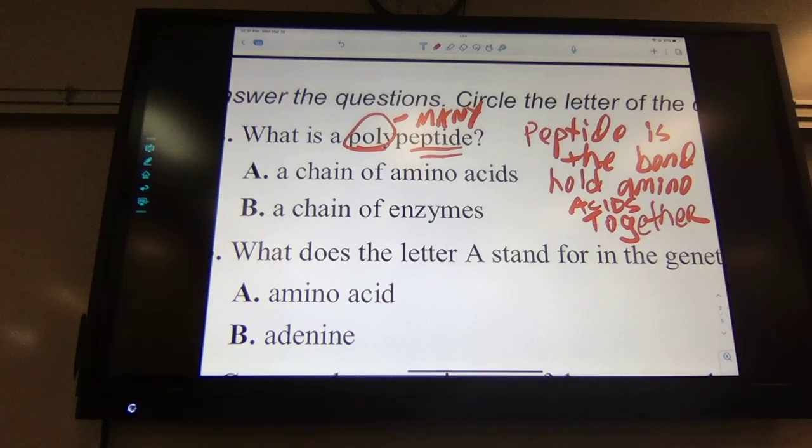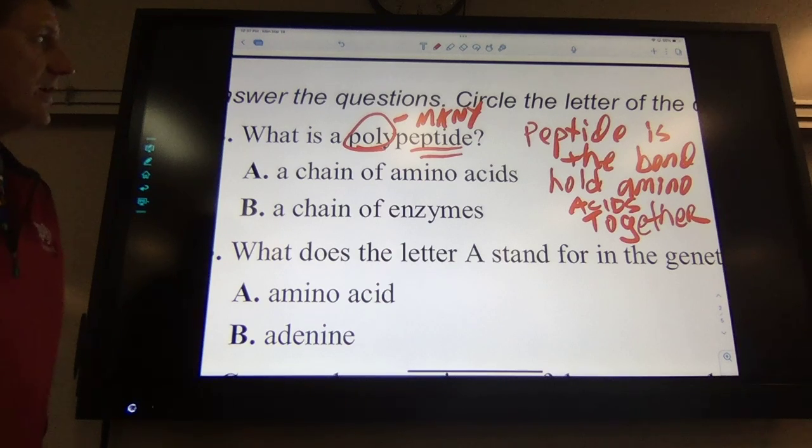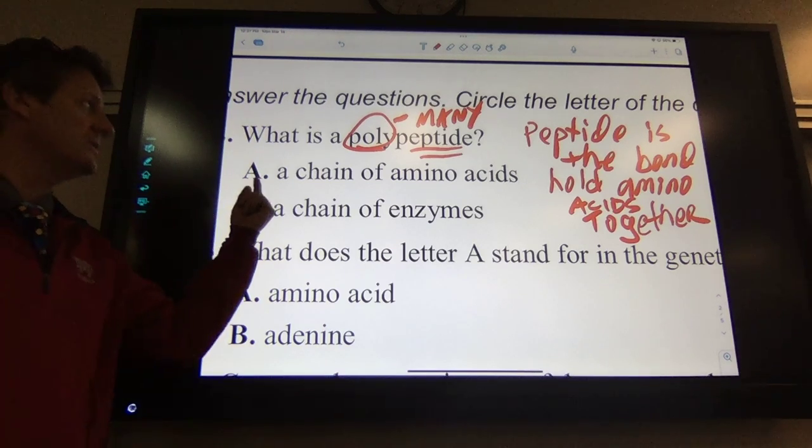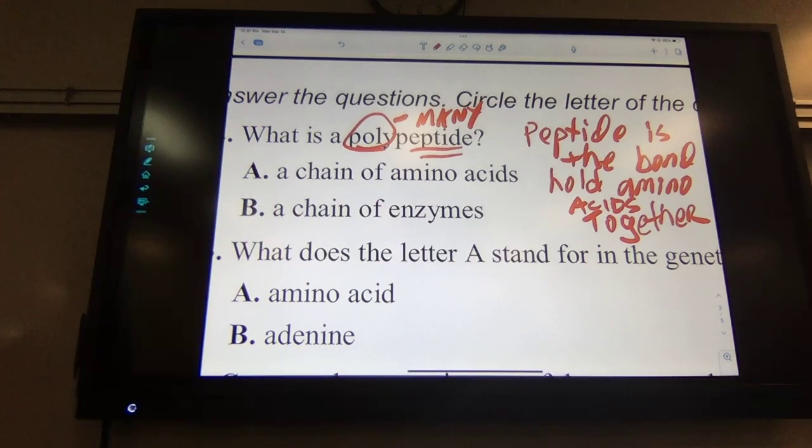It's such an important bond, it has its own name. Yeah, it's a covalent bond, but the word peptide means that it's holding 2 amino acids together. So when you say that something is a polypeptide, you are talking about a bunch of amino acids bonded together, so you are describing a protein, which is a chain of amino acids. Did you get the answer right?